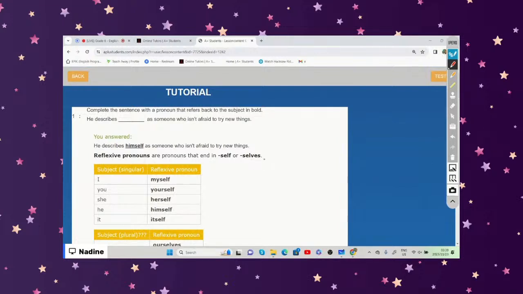He describes himself as someone who isn't afraid to try new things. So himself is being used, right? Because it refers back to the subject, which is he.